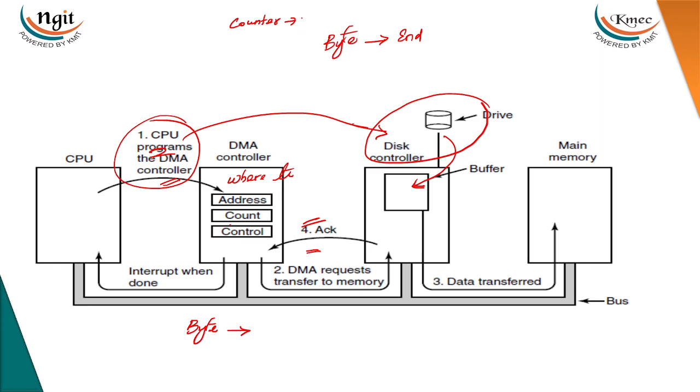We reduce the byte counter to n minus 1, n minus 2, and so on, so that when the byte counter reaches 0, we can say that the entire data has been transferred. Then we stop the transfer process. How? Once all the bytes have been transferred, the DMA controller raises an interrupt. The operating system receives this interrupt and stops the data transfer.